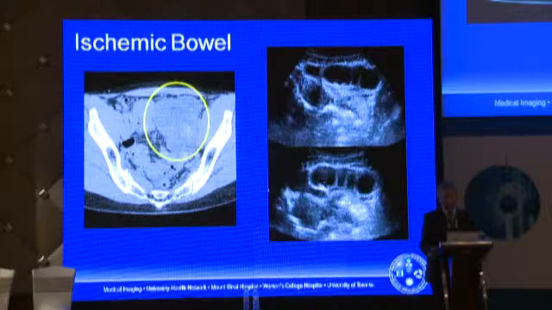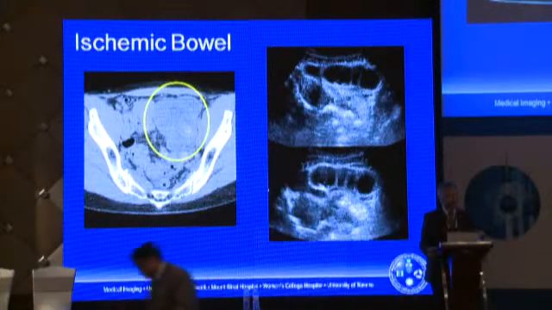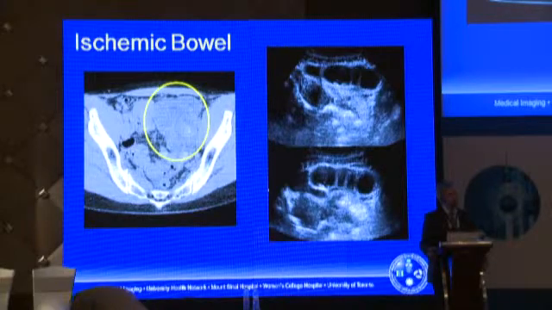So she came for ultrasound. The uterus and ovaries were normal, and we could see this very dilated peristaltic bowel in a cluster in the left adnexa, and she was clearly very ill.